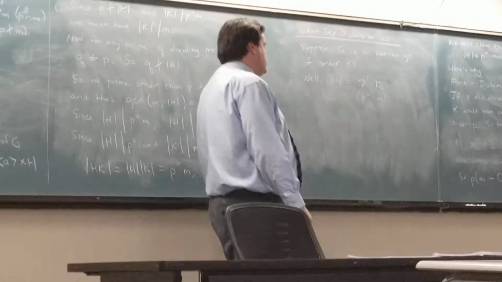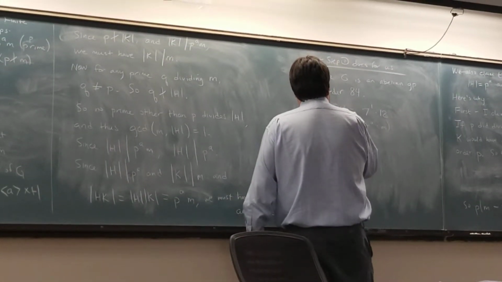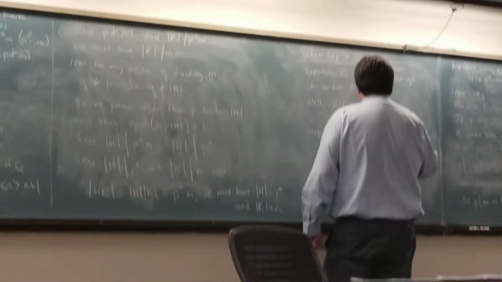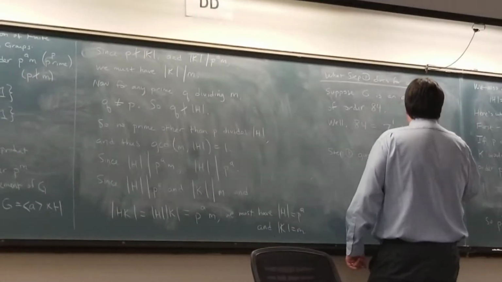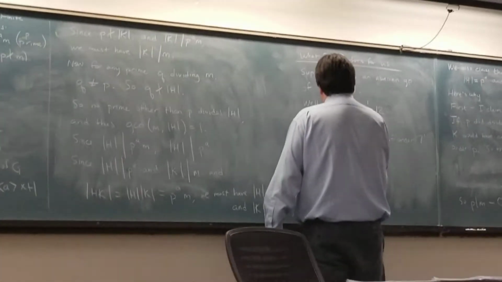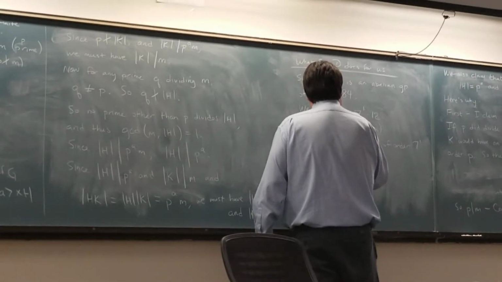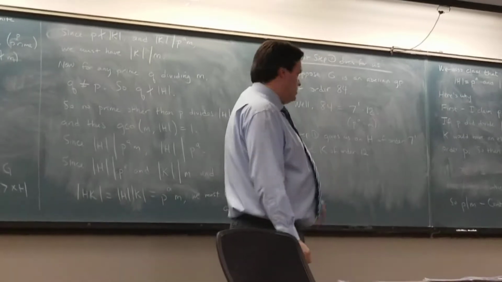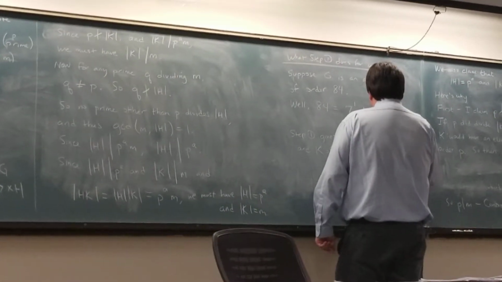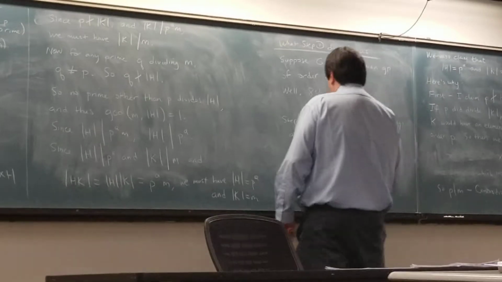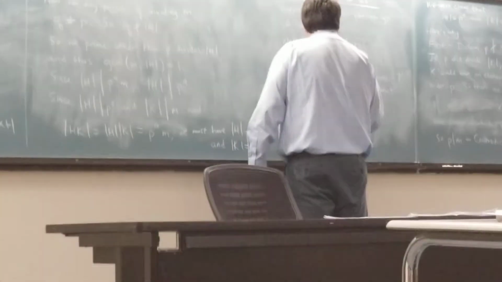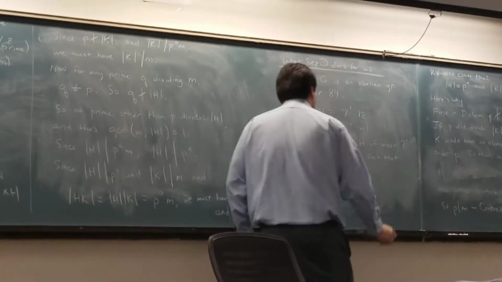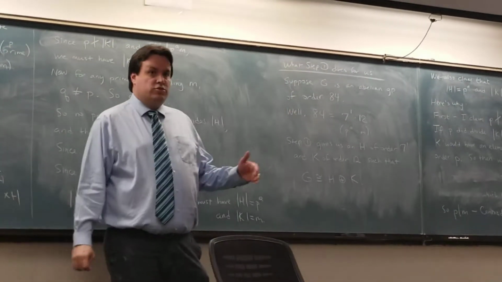Okay, so that lemma, step 1, gives us a subgroup H of order 7 to the first, and K of order 12, such that G is isomorphic to H cross K. Okay, that's the conclusion of step 1.